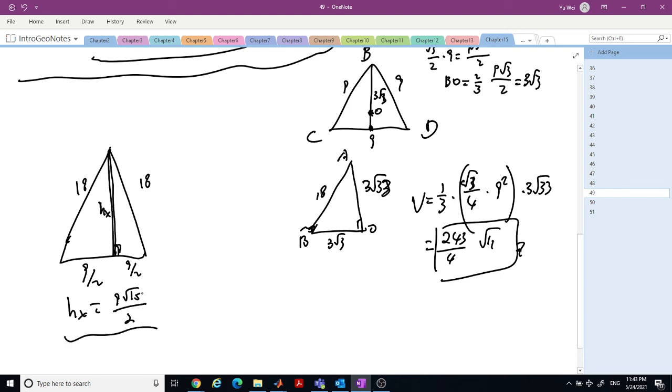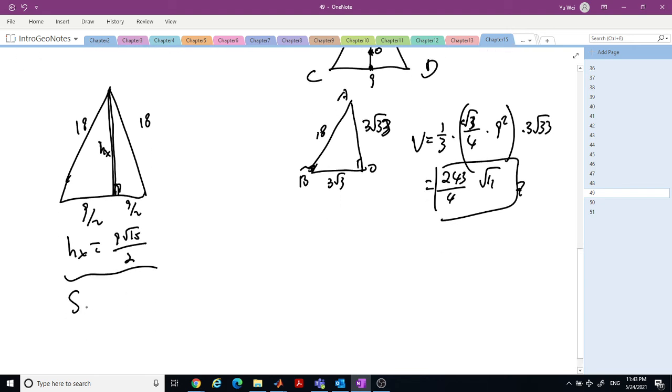Now we can calculate the side surface. Let's say K2 equals K3 equals K4. Then it will equal 1/3 of 9 times 9 root 15, so that's why it is 81 root 15 over 4.